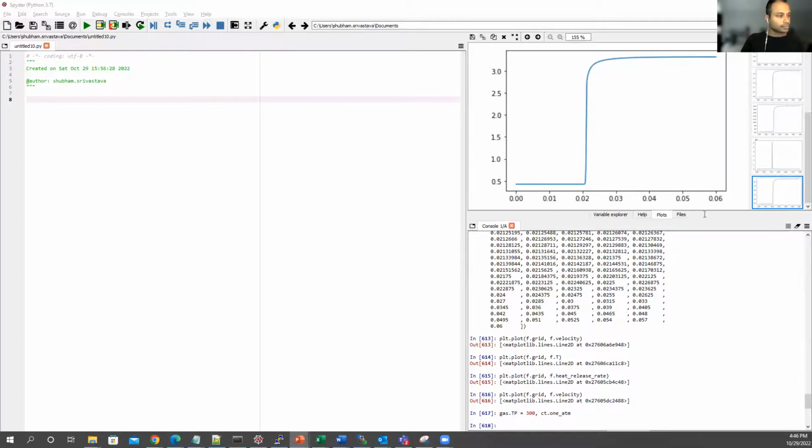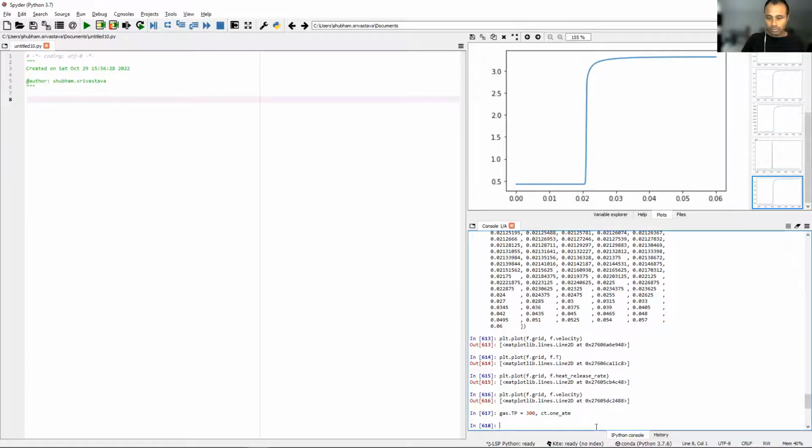So gas.set_equivalence_ratio, and to do an apples to apples comparison, I want to set the same equivalence ratio that we had in the beginning. So I think that was an equivalence ratio of 1, and the fuel is C2H6, and the oxidizer is O2.